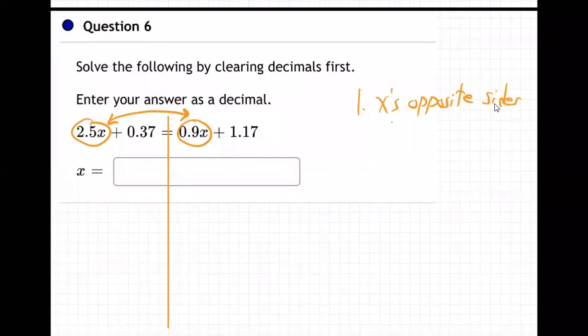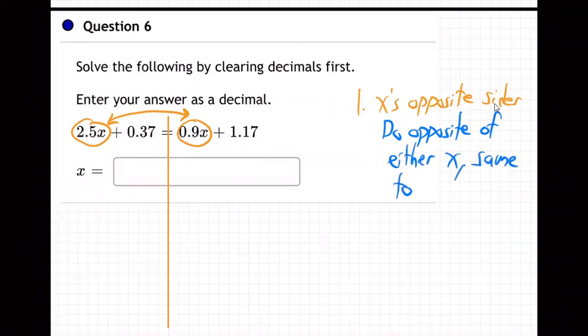Remember what you do? You do the opposite of either one of either x and do the same to both sides. Right? When you have x's on opposite sides, you do the opposite of either one, doesn't matter.